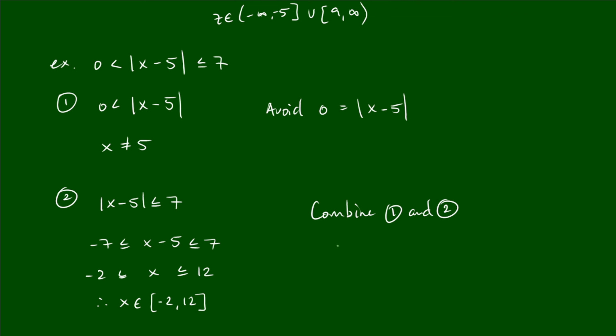You would say that x is within, well, negative 2. You're not including 5, so you're going to go up to 5, you're not including it, and then you're going to join all the numbers after 5 all the way to 12. You have 5 all the way to 12, and you're including the 12. Notice the brackets. You have the square brackets for the bounds that you're including and the round brackets for the bound that you're not including.